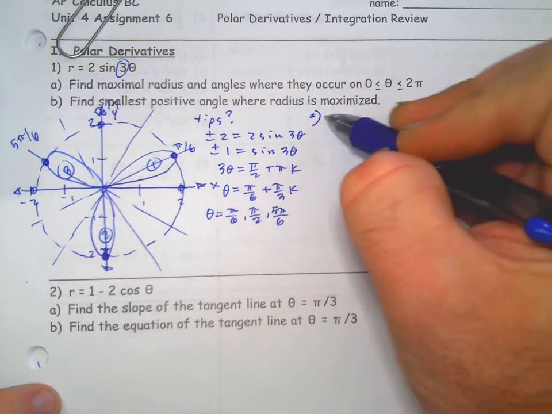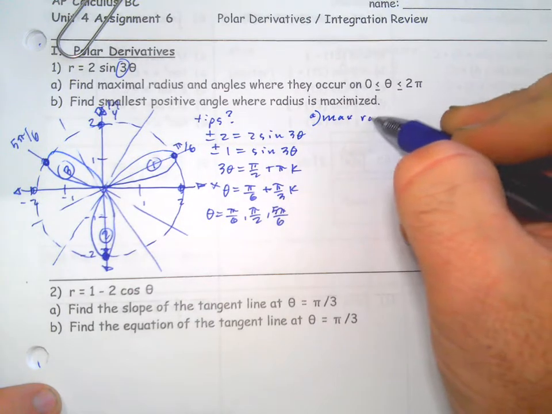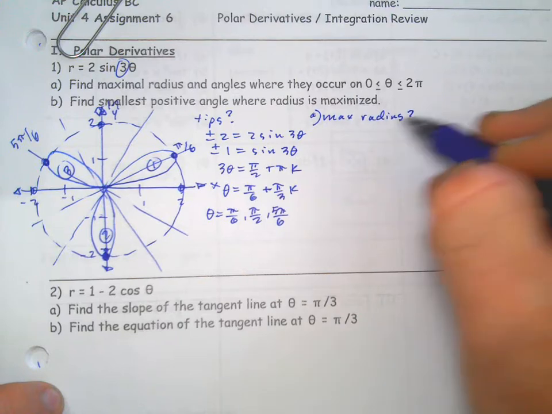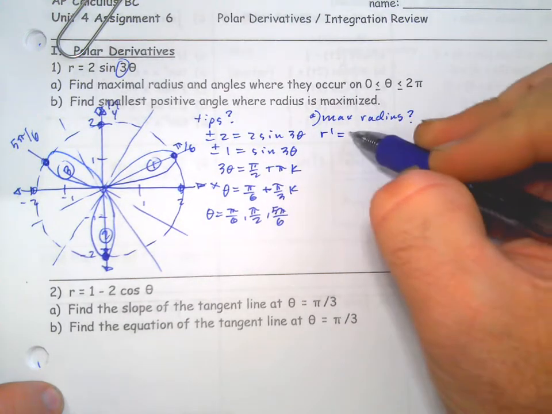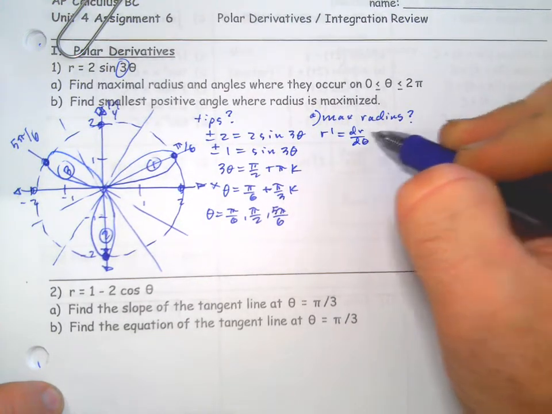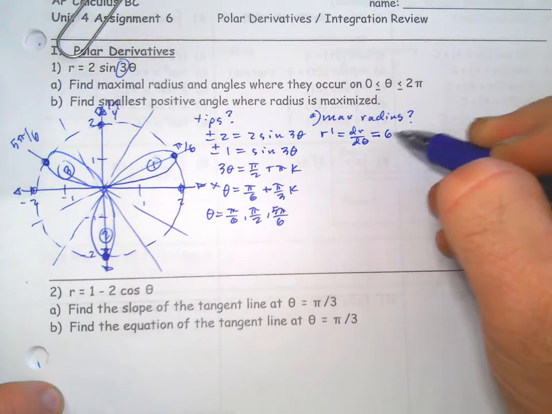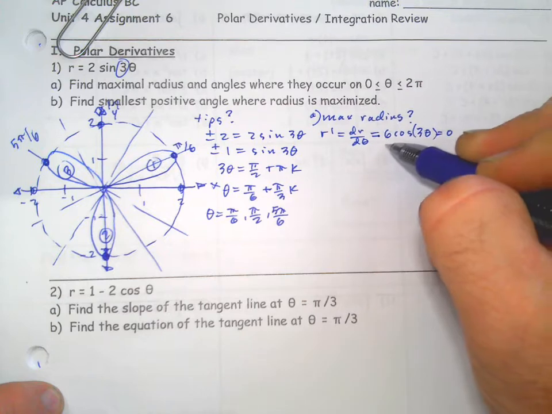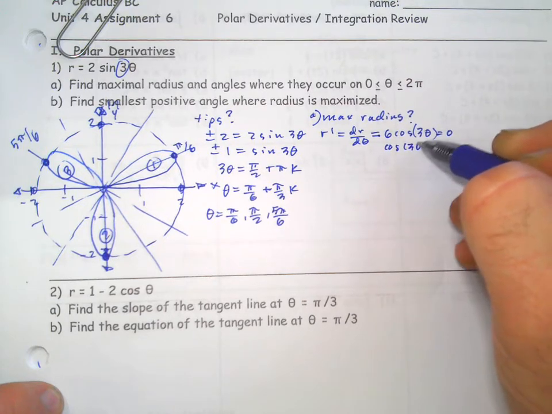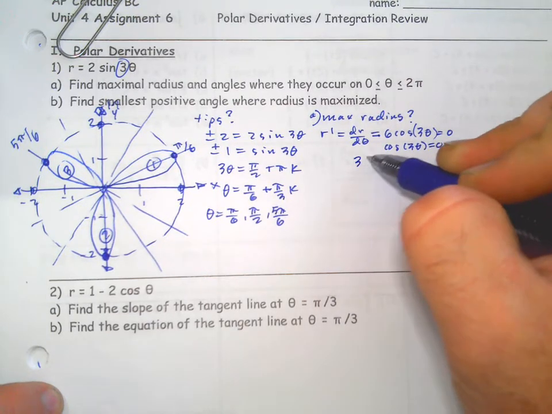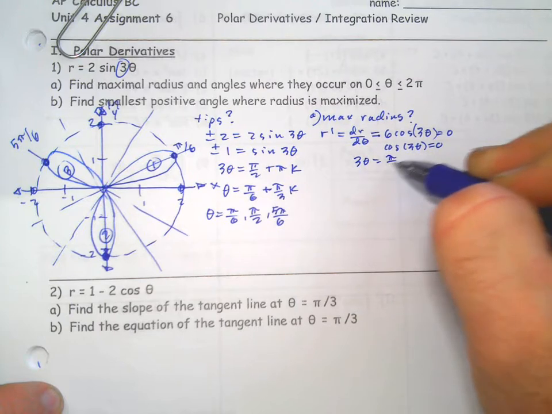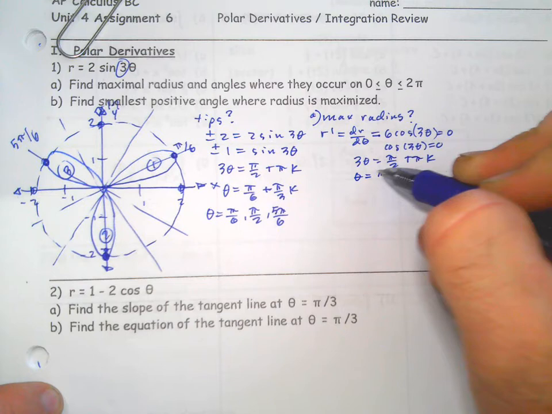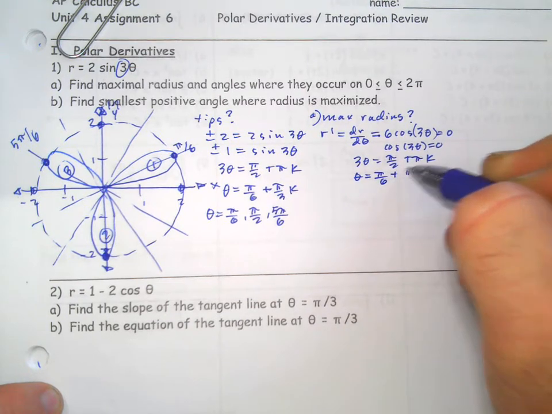If we're looking for the max radius, we can treat this as an EVT problem. So we're going to find r prime, dr d theta, which is going to be 6 cosine 3 theta. We're going to set it equal to 0. So cosine 3 theta equals 0. So 3 theta equals pi over 2 plus pi k, and theta equals pi over 6 plus pi over 3k.